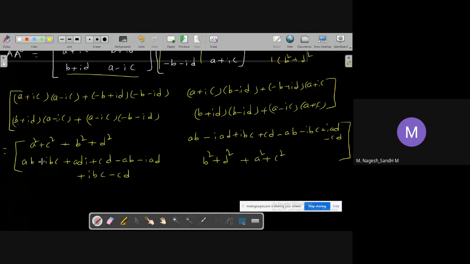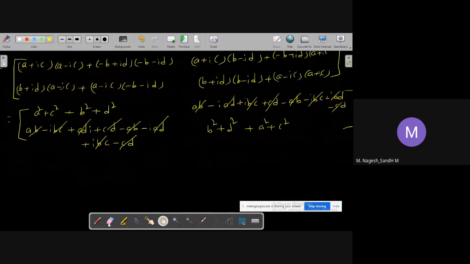Now check it: plus ab minus ab subtracted, minus ibc plus ibc subtracted. Don't say cancel, say subtraction. Plus iad minus iad subtracted, plus cd minus cd subtracted. Next plus ab minus ab subtracted, minus iad plus iad subtracted, plus ibc minus ibc subtracted, plus cd minus cd subtracted. So what is this value? It is equal to a square plus b square plus c square plus d square.